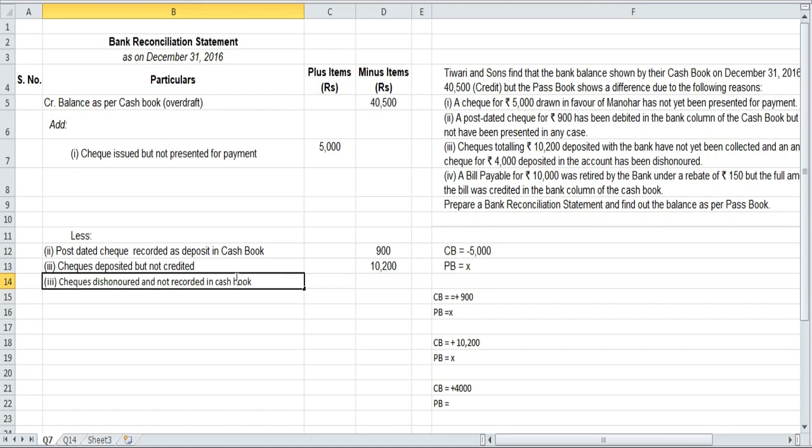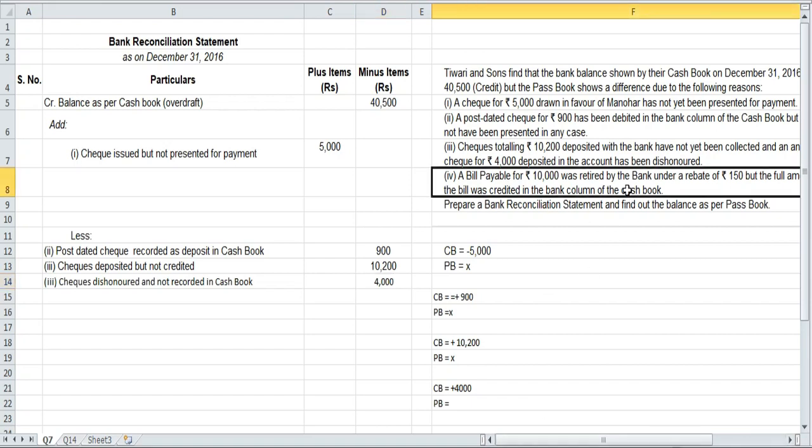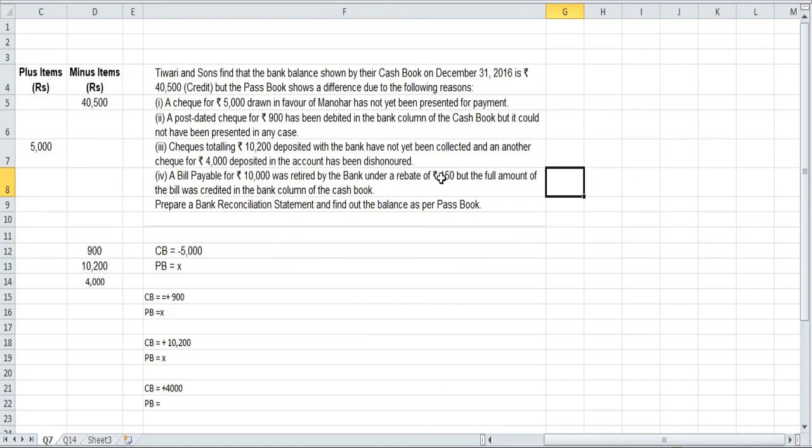Okay, so you have recorded only as deposit, but you have not recorded this as dishonor, like on the buy side. You have deposited on the to side. Okay, so here it will be 4,000.